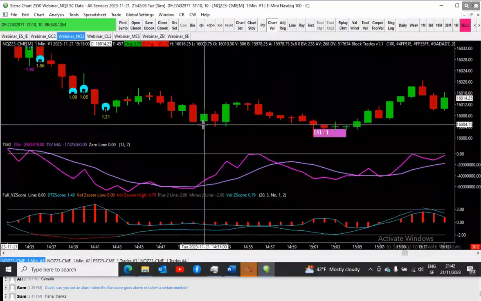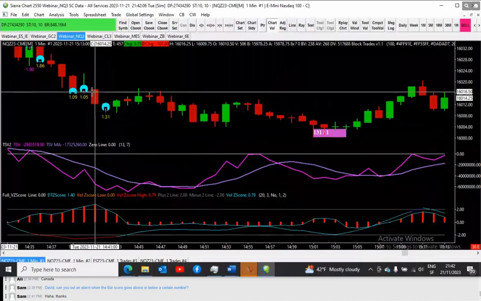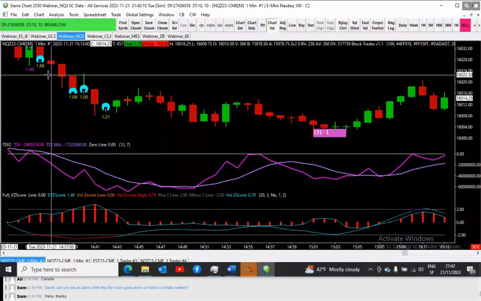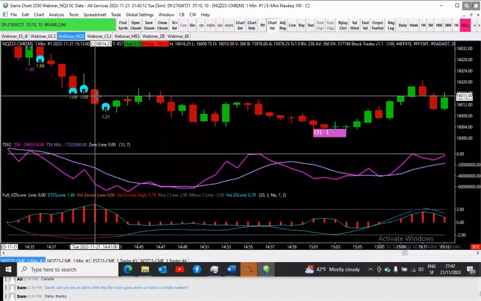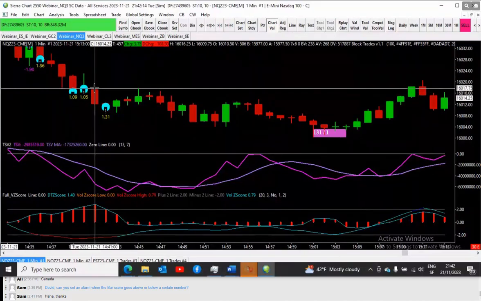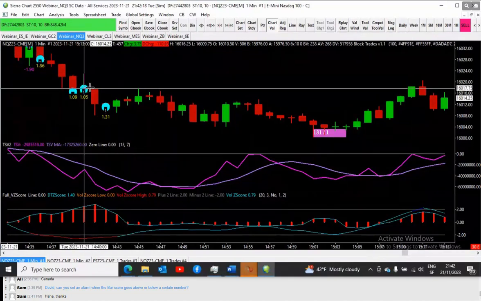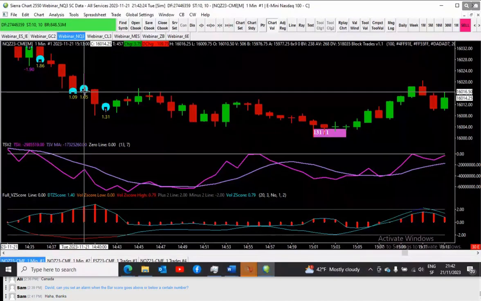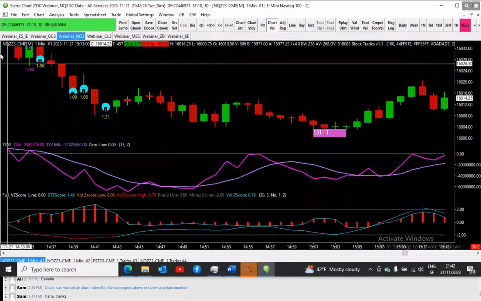So what I've got on this chart is a thing called Voltic, which draws these circles with the numbers underneath. And you see as we go through, it has different colored circles. A blue circle means that the speed of trading at this price was at least double the average of previous bars.